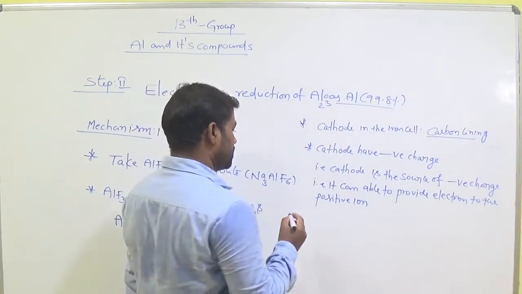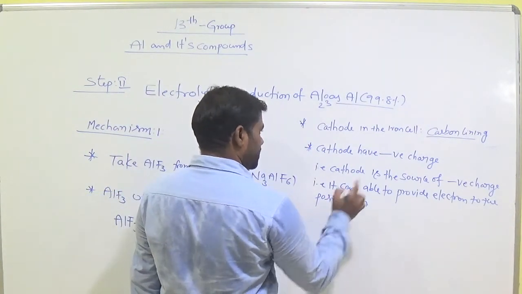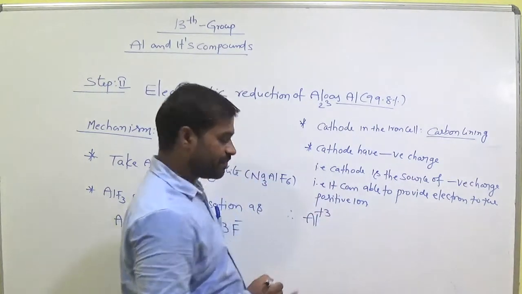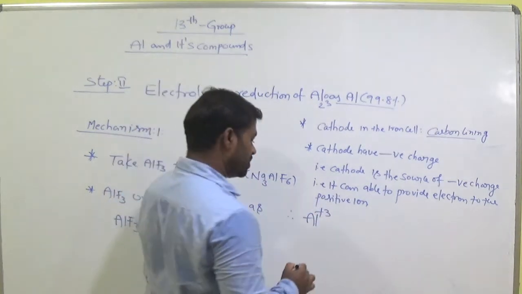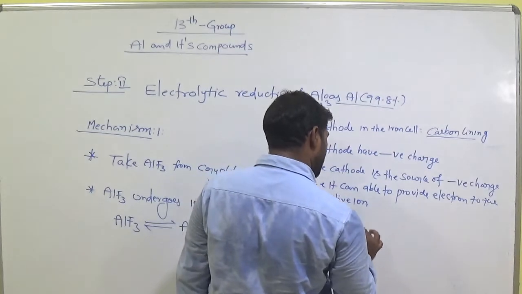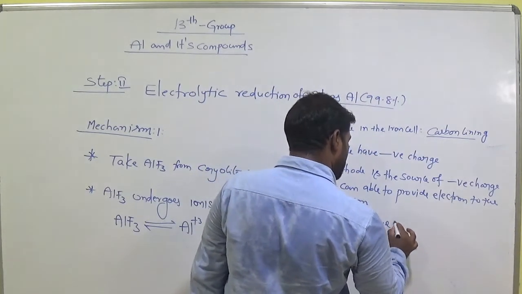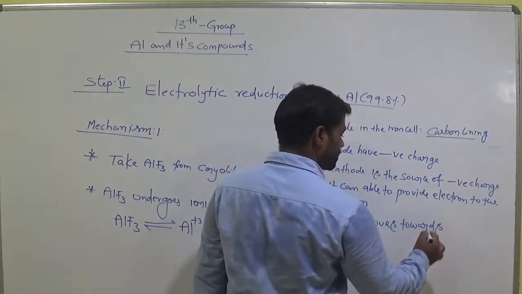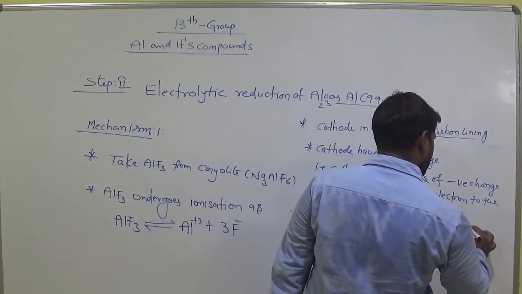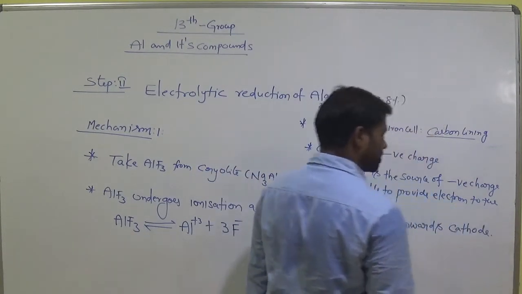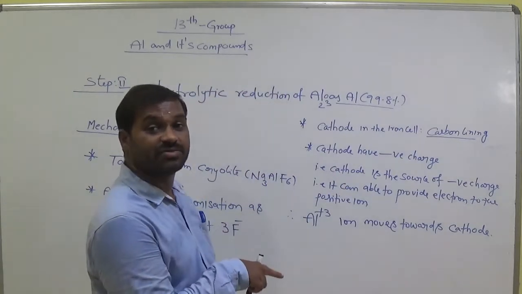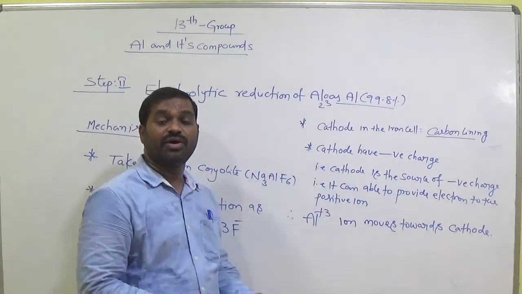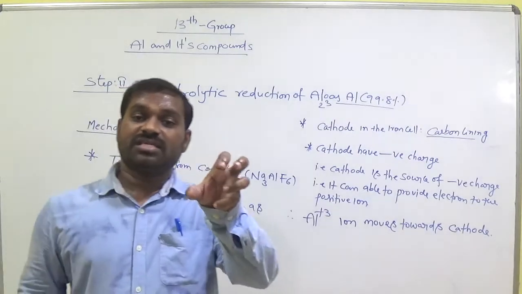So, is aluminium plus 3 positive or not? Positive. So the Al3+ ion moves towards the cathode. Why? Because the cathode is negative. Negative always attracts the positive ion.